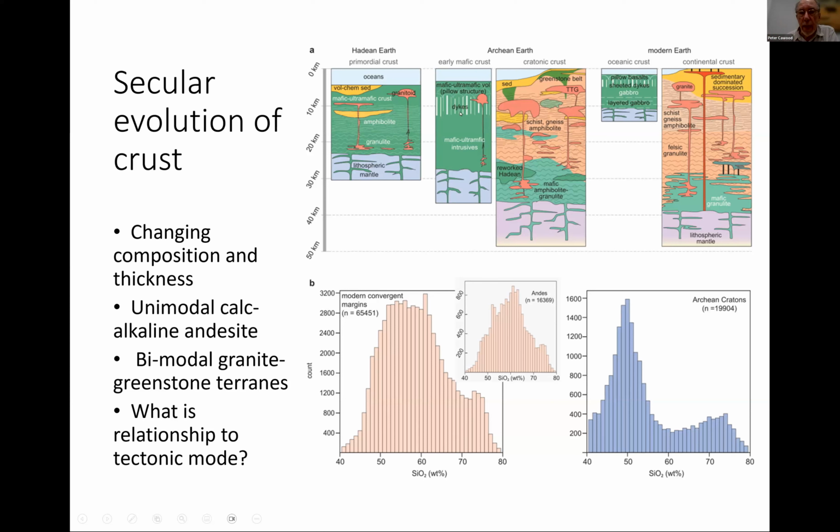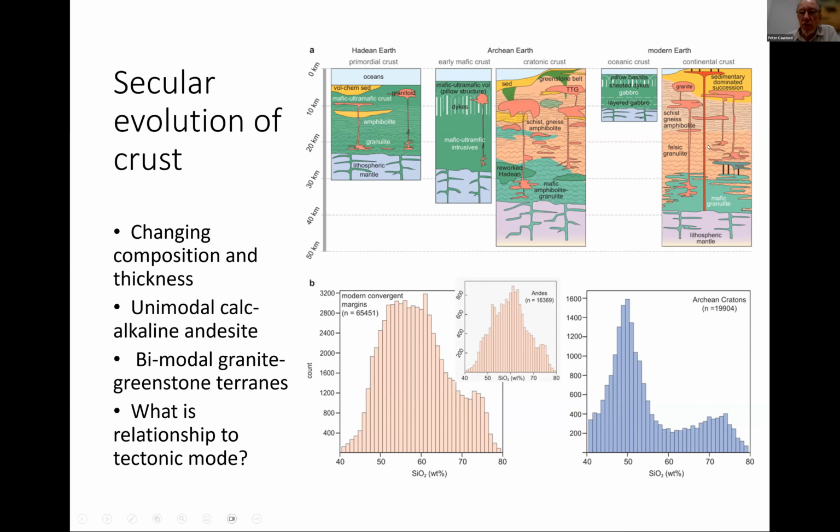We've developed a bimodal type oceanic or mafic, early mafic crust and an early cratonic crust. So the question might be, once we started to develop these types of crust in the Archean, in other words, cratonic and mafic, was that produced by plate tectonics, or was it produced by some different process?